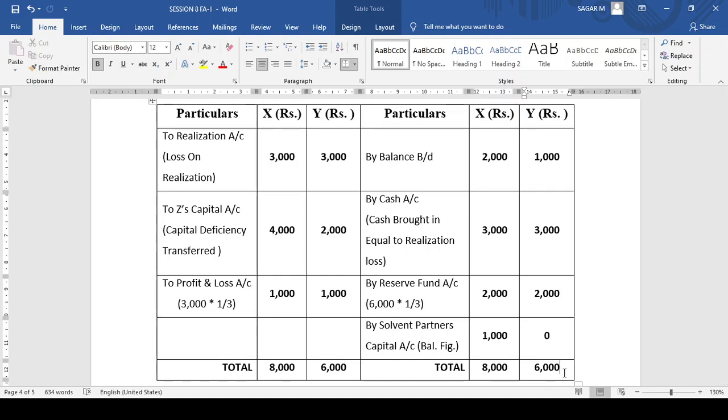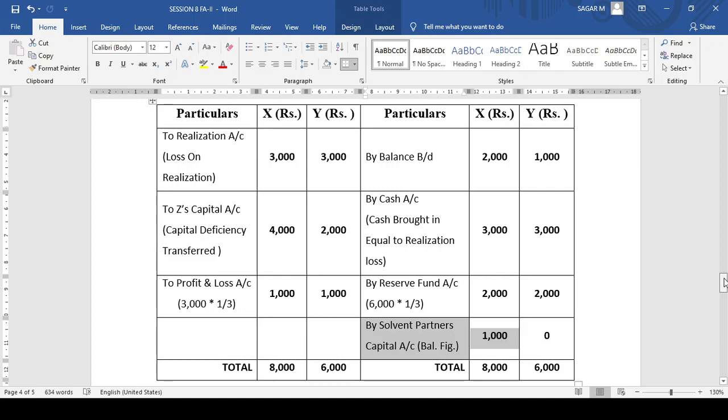Now if you take the difference, we get it only in the case of X, because in the case of Y the total on both sides is the same, that is 6,000 and 6,000. Hence nothing to transfer to Y's capital account. So the difference in X's current account is to be transferred to X's capital account.